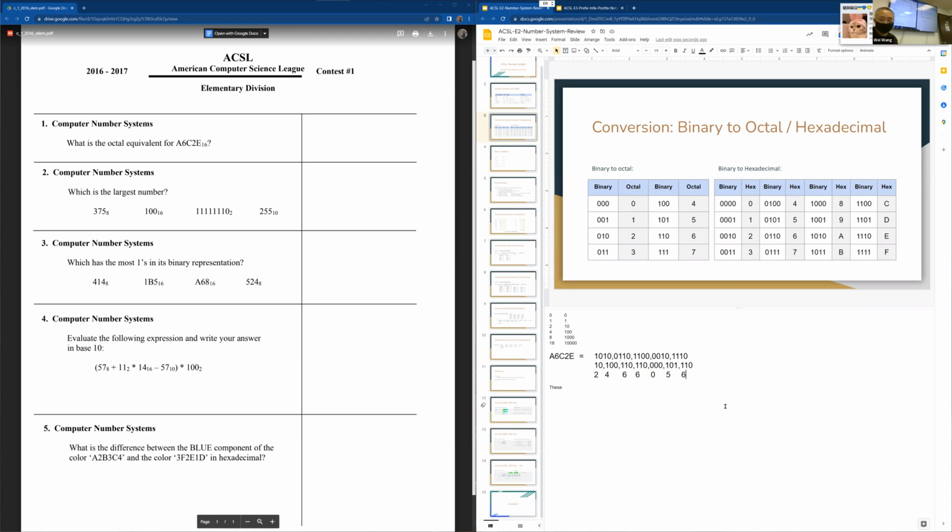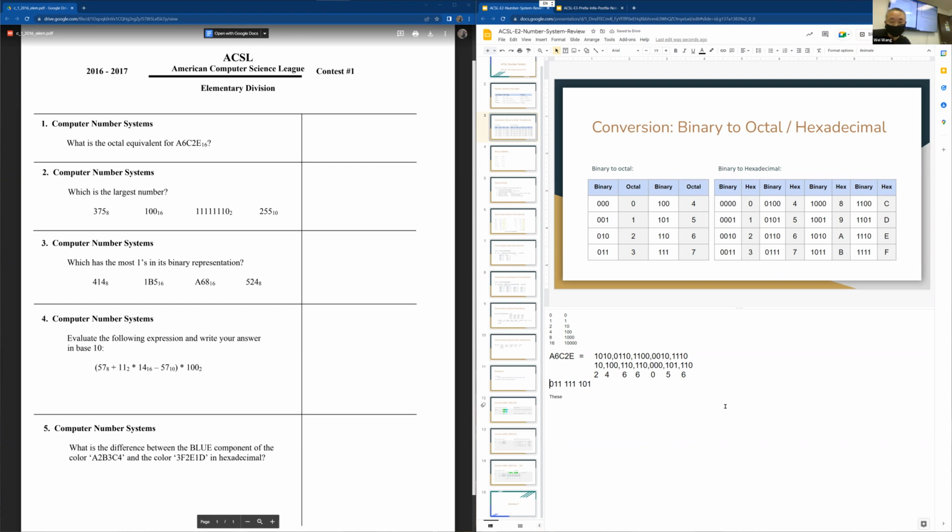That's the octal number. And the next one we do the same thing. So 375 is 011, 7 is 111, right? And 5 is 101, right? That's 5 in binary.